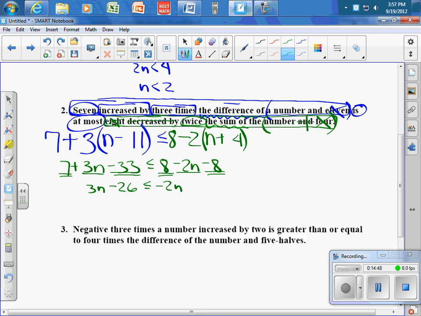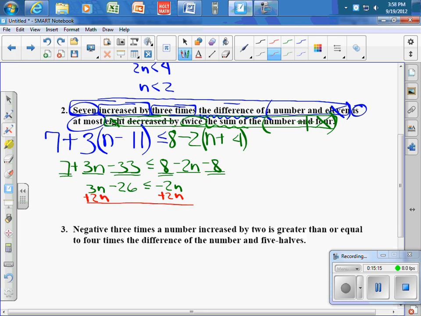Well, here we have a couple of options. I can bring the 3n over to the right side, or I can bring the negative 2n over to the left side. If I were to bring the negative 2n over to the left side, that would leave me with 0 on that side. So let's go ahead and do that, because my rule has always been to cancel the one on the right side. So I'm going to go ahead and go plus 2n.